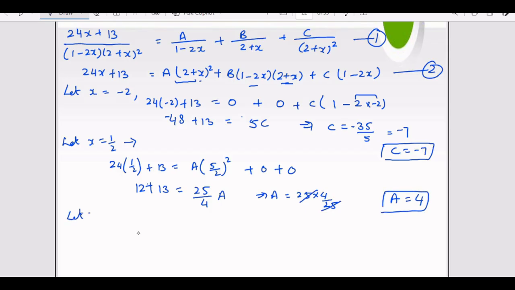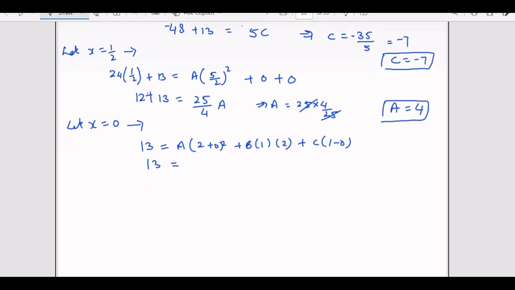Now let's say we put x is 0. This is another option whenever you don't get another value to make one of the factors 0, so you can just take x equals 0. So then the left-hand side will have 13 equals a, and we have 2 plus 0 squared, and then b will become 1, then this is 2, and c times (1 minus 0). So we have 13 equals, this is going to become actually 4a plus 2b plus c.